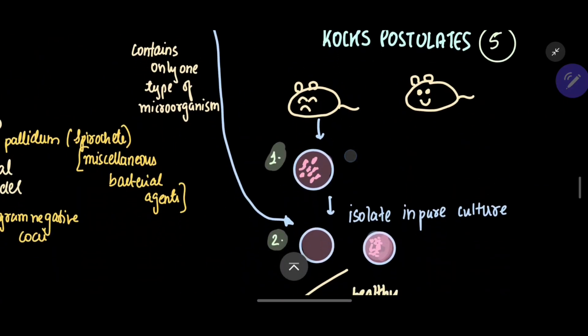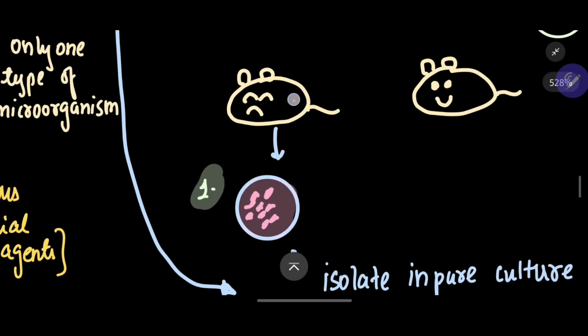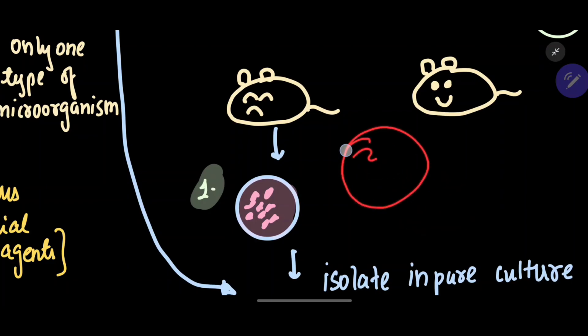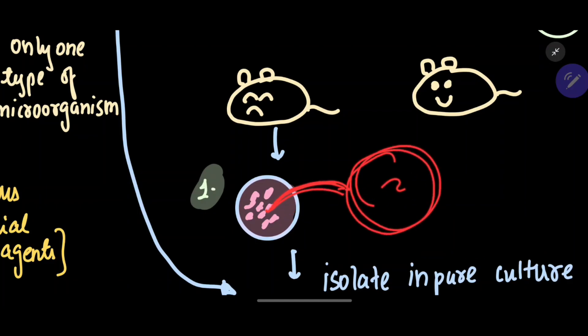That means, let's say he saw a rat who was sad. He took out the microorganism in a solid culture, and then he's like, what if I just take one bacterium from this and isolate it in a pure culture? Pure means it was pure from before. There was nothing else growing on this agar, let's say. But he was like, what if I take one bacterium from this and put it in a pure culture?